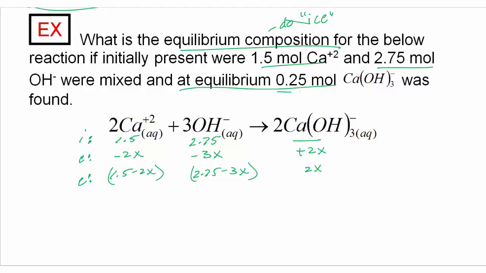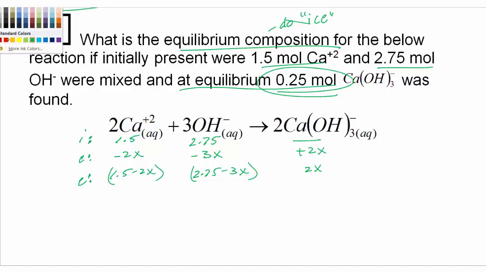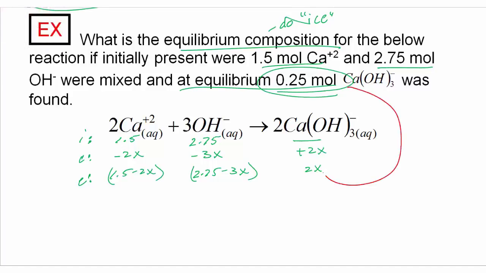But we know that's 0.25. Right? So my 2x has to be 0.25. So my x, 0.25 divided by 2 is 0.125.